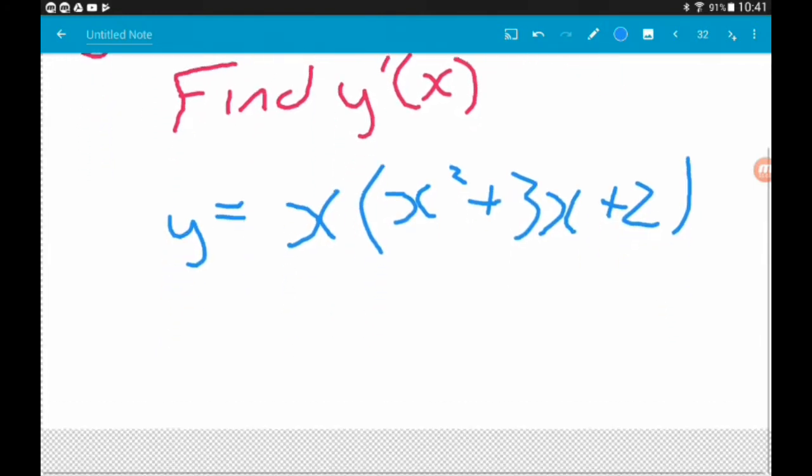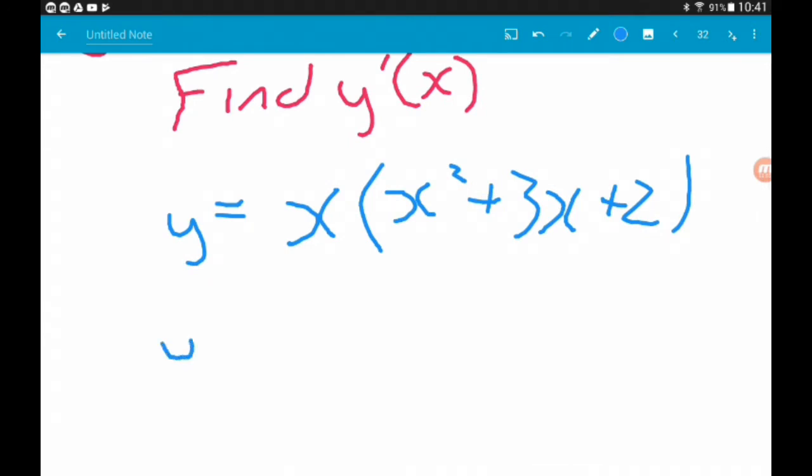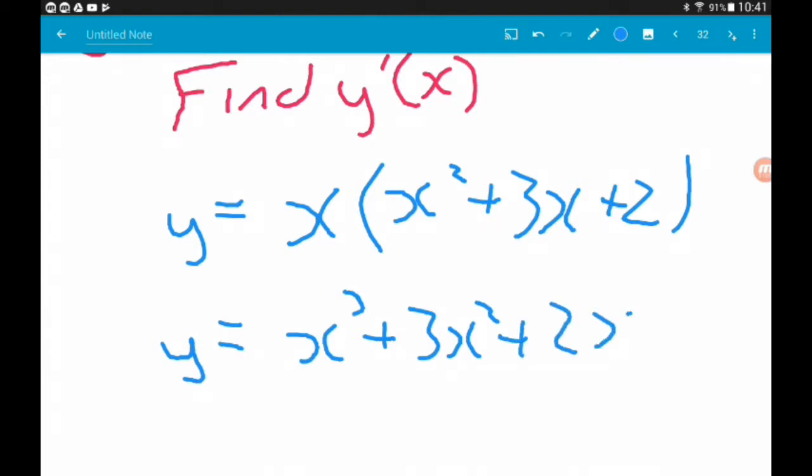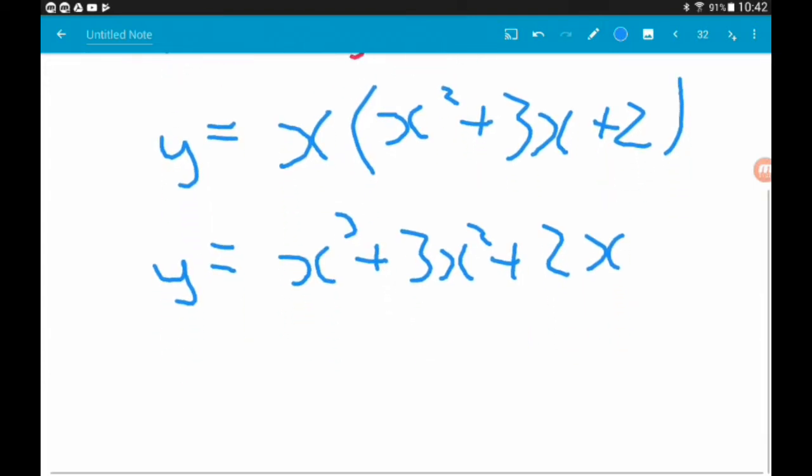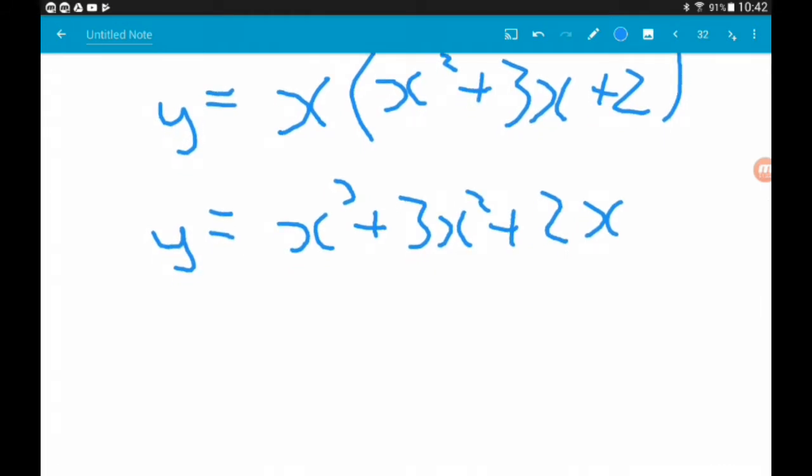So then if we multiply everything there by the x, we get y is x cubed plus 3x squared plus 2x. So now we have y in a nice expanded and simplified form, with no brackets or any funny business kicking around. So now we can differentiate.